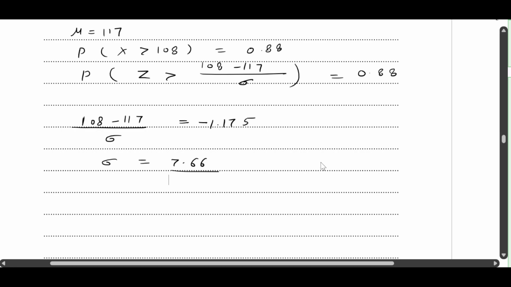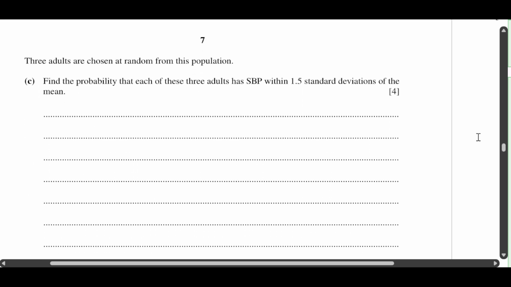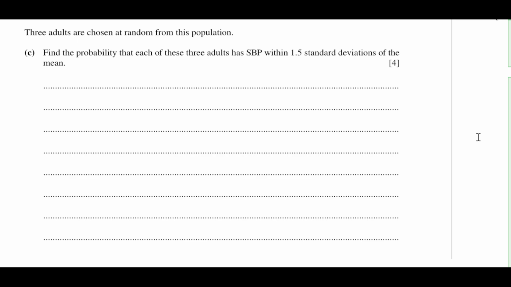Okay, now the next part of this question. 3 adults are chosen at random from this population. Find the probability that each of these 3 adults has SBP within 1.5 standard deviations of the mean.